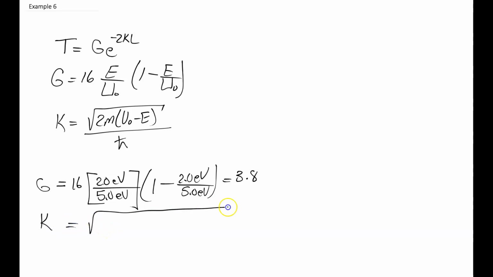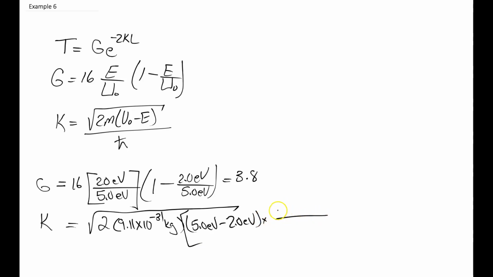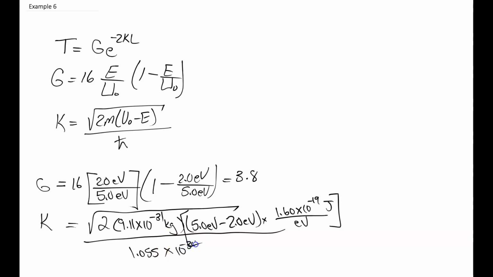And K is going to equal the square root of 2 times 9.11 times 10 to the negative 31st kilogram times 5 eV minus 2 eV, and then this we need to change to joules, so this would be 1.6 times 10 to the negative 19 joules per eV, all over h bar, which is 1.055 times 10 to the negative 34 joule seconds.